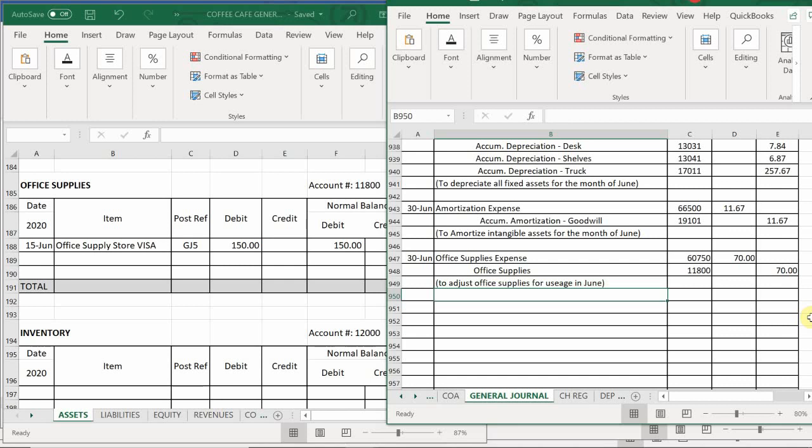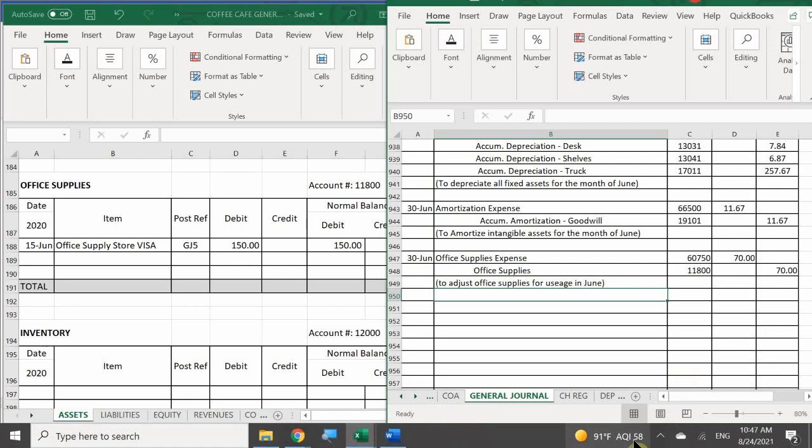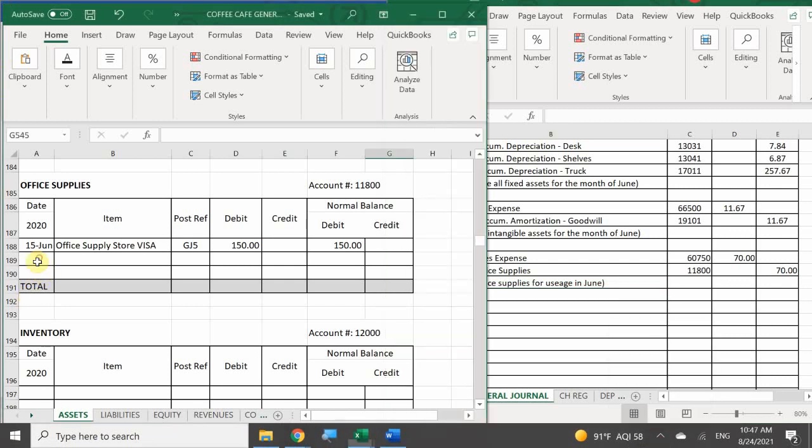All right. And since we are already here in our office supplies asset account, I'm going to go ahead and just place it in here.